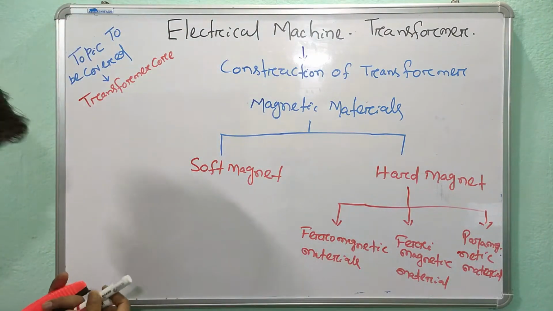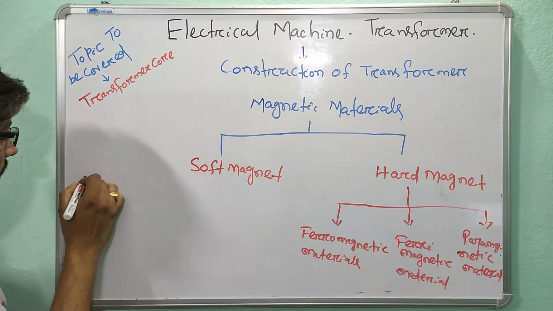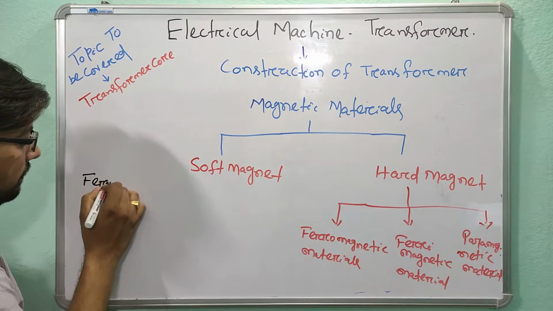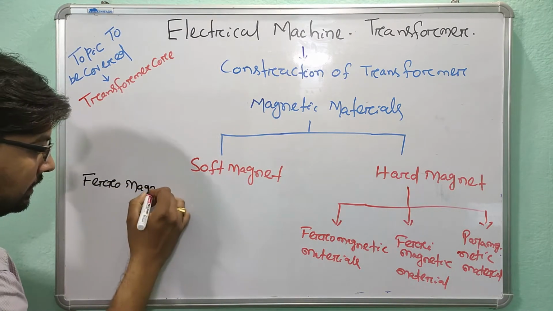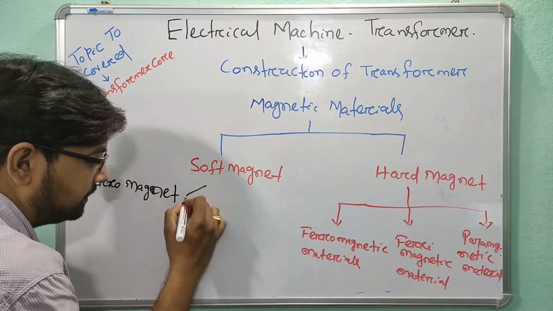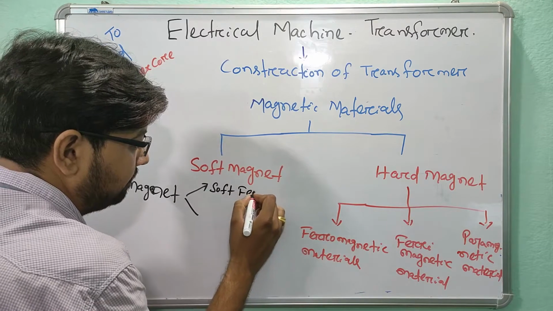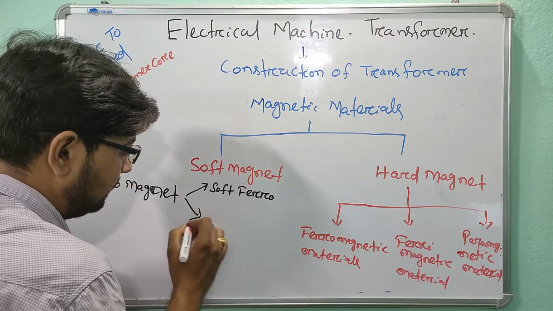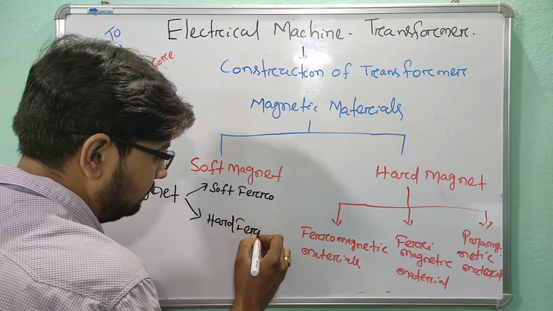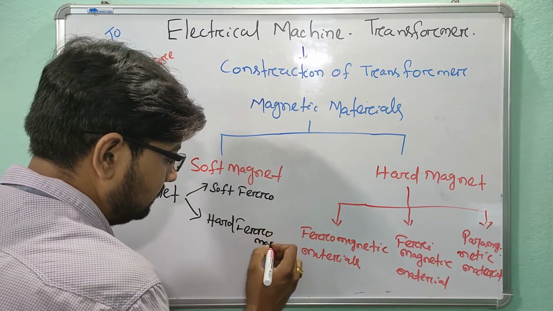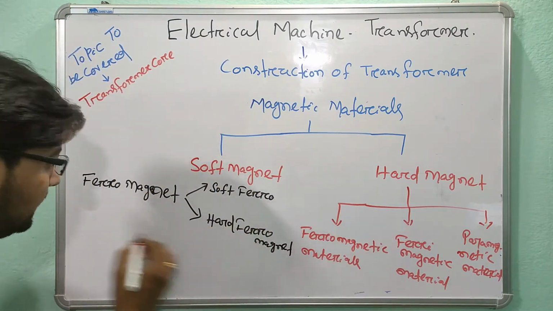Now, ferromagnetic materials are of two types: soft ferromagnetic materials and hard ferromagnetic materials.